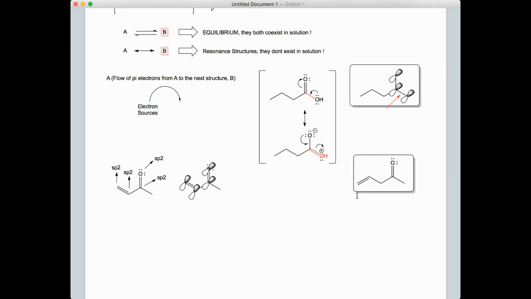This is not delocalized because there is an sp3 atom right here. Therefore, I don't have three or more. Two sp2 here, but the next is sp3. Two sp2 here, the next is sp3, sp3 here. So no delocalization here. Therefore, obviously, a single Lewis structure is good enough. That's it. I don't have to do anything.